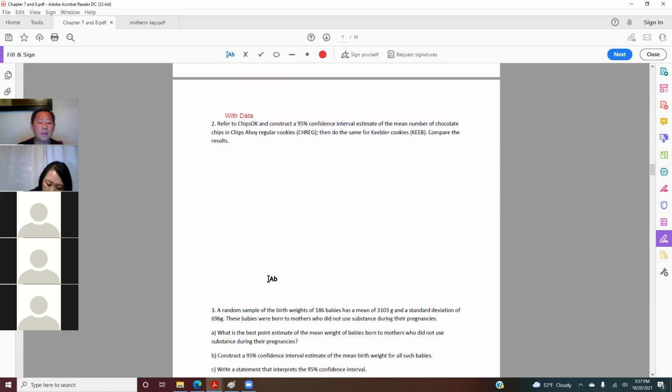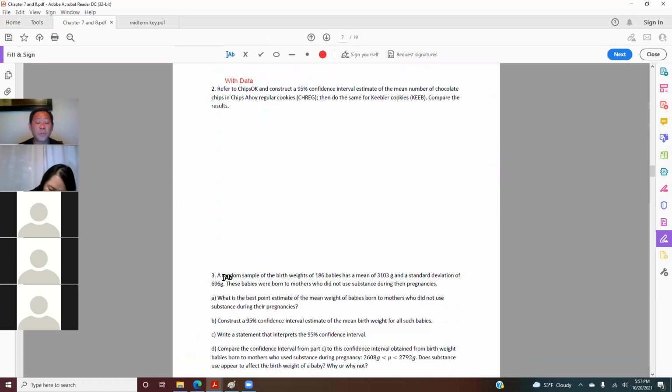And what happens for question 3? If I say you have a random sample with birth weights of 186 babies with this many grams, that mean, and standard deviation is this many grams. Is that with data or with summary? Summary, because it's already giving you that information. So this will be with summary, because they're giving you all the information.